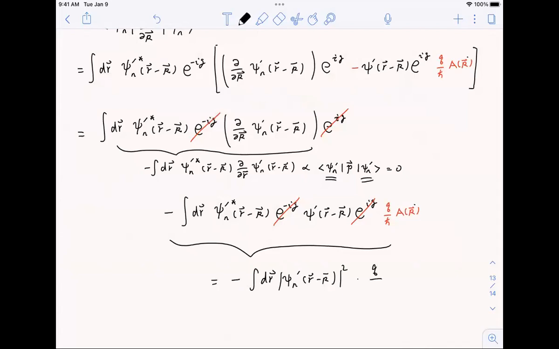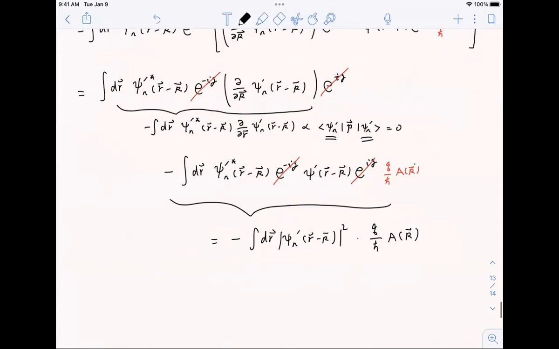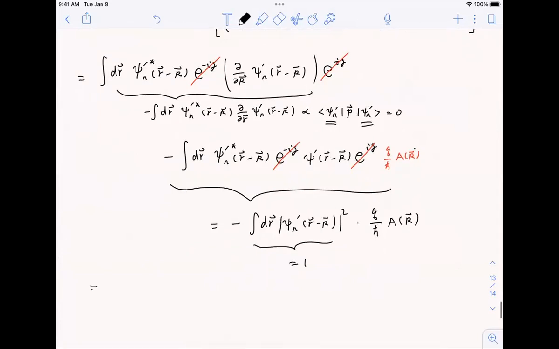And then the q h bar A_R comes out of the integration, and this is just one. So eventually the whole thing just equals negative q h bar A_R.